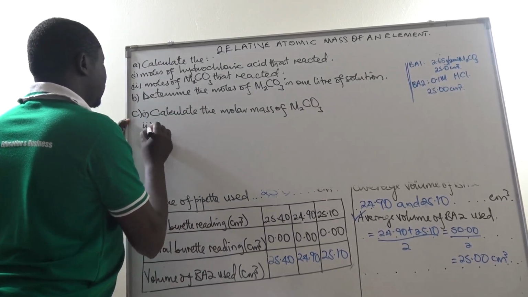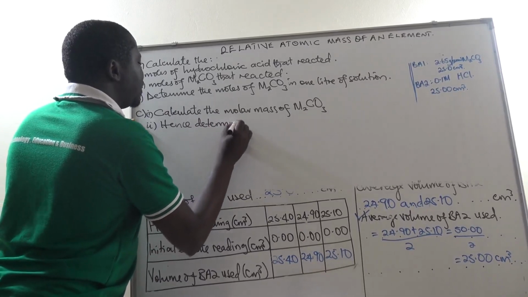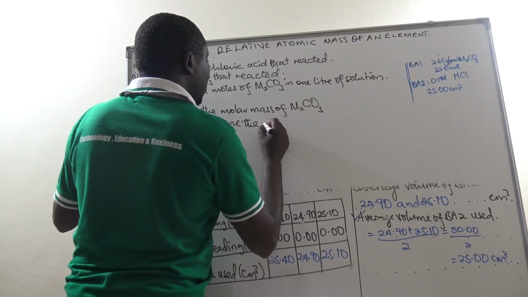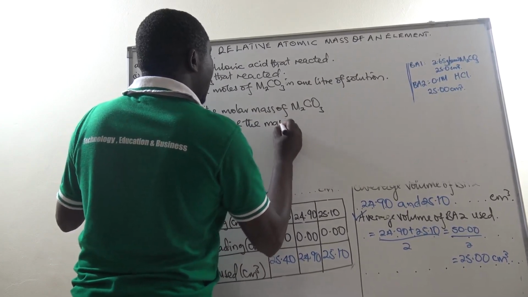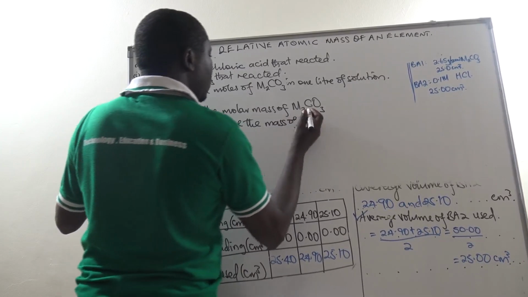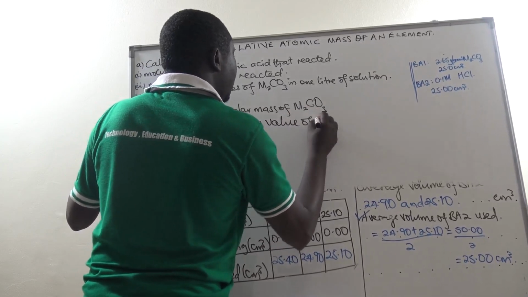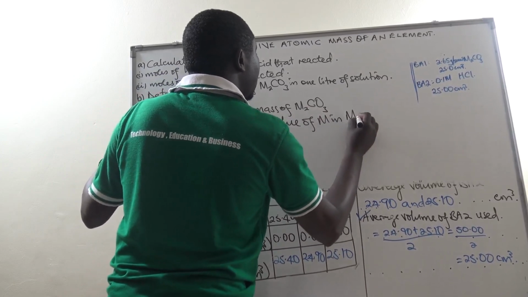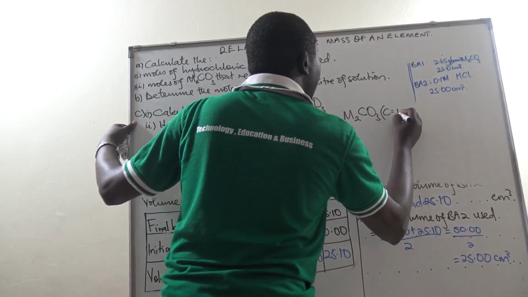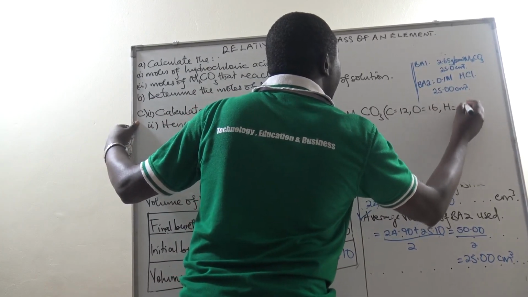Then part 2, hence determine, we are now on the rationale of the whole of this experiment, hence determine the mass, or let us use the value, of M in M2 carbonate. Given that carbon equals 12, oxygen equals 16, and hydrogen equals 1.